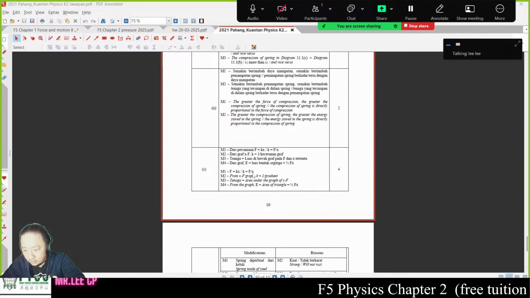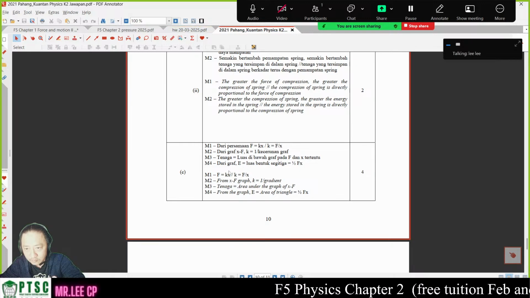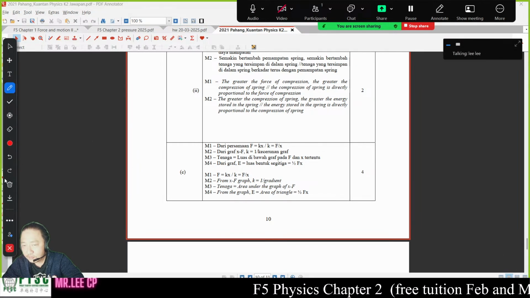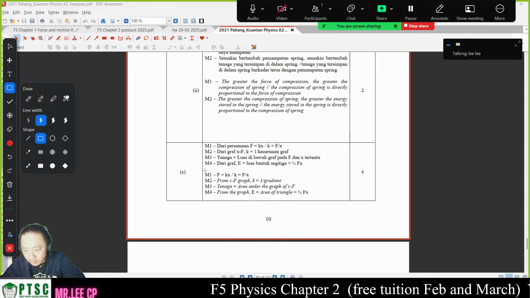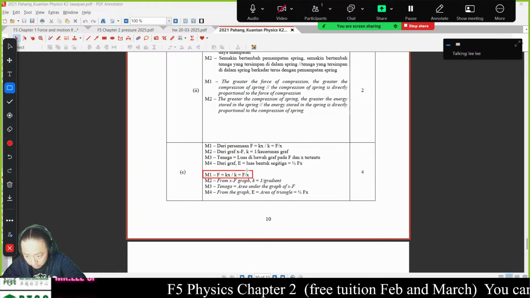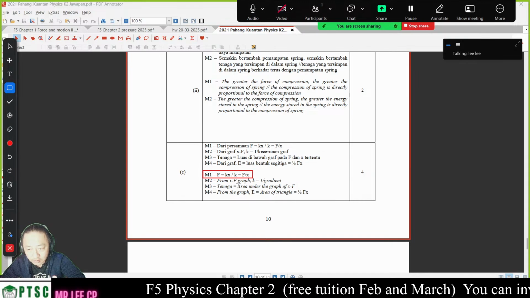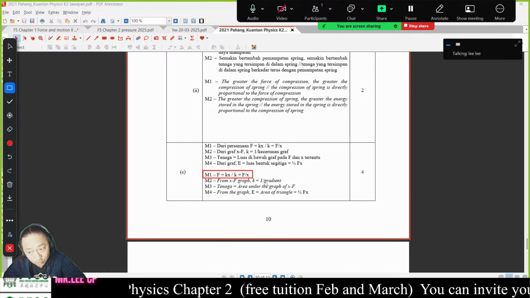Okay, here is the answer. Mark 1, they said. Mark 1, you write this or this one. Okay, 1 mark. So from the graph of x against f, k is equal to 1 over gradient.